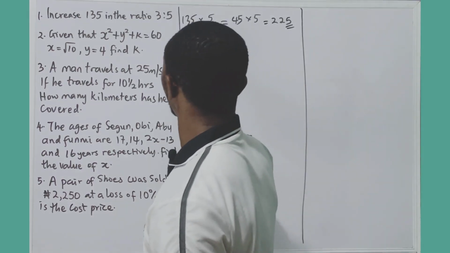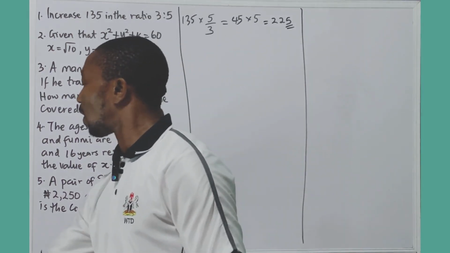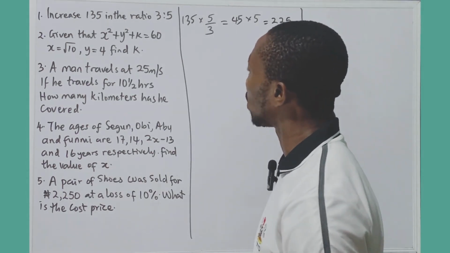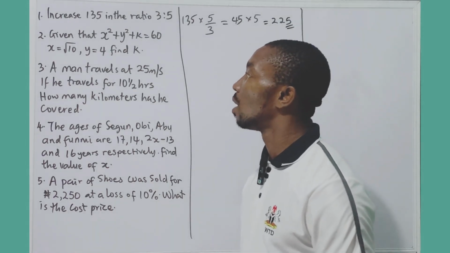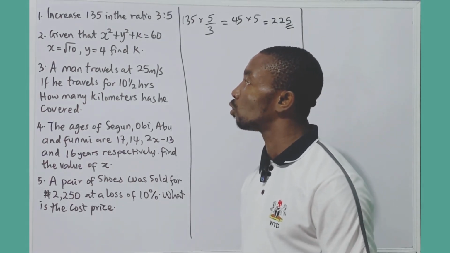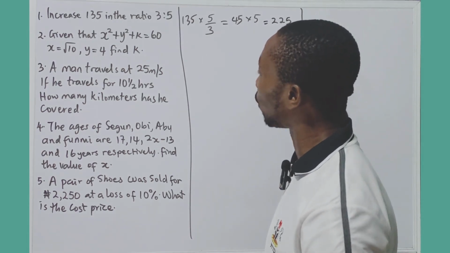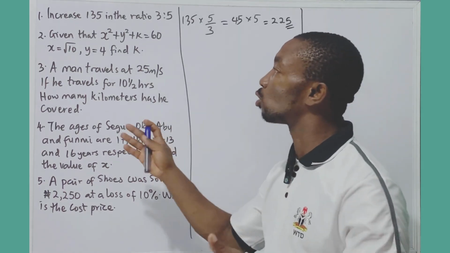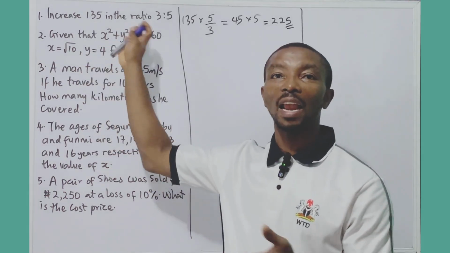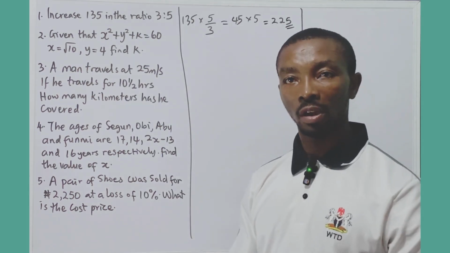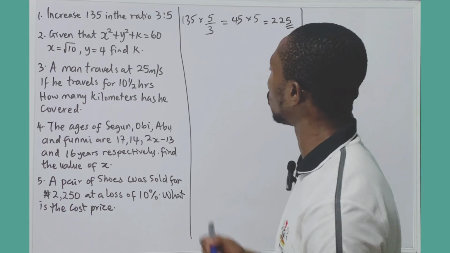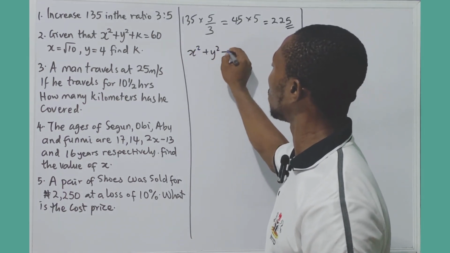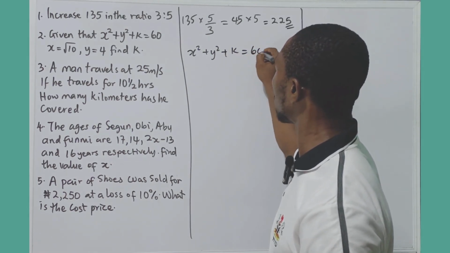Okay, now the second question says, given that x squared plus y squared plus k equals 60, and x is root 10, and y is 4, find the value of k. So all we are simply going to do is to substitute our values into our given equation, then solve and get our solution. Now we have x squared plus y squared plus k equals 60.